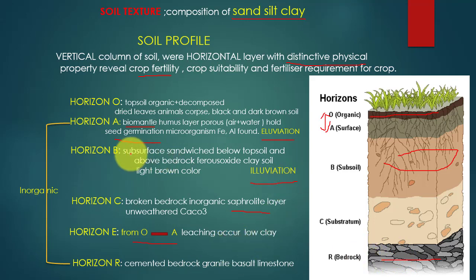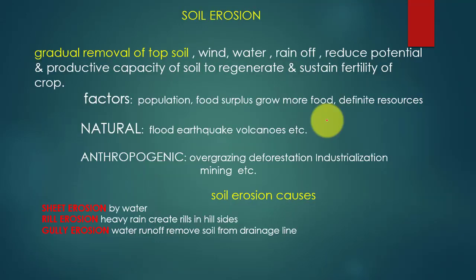From O to R, as you can see here, this is known as the inorganic layer, and from A above, it is the organic layer. Now this slide talks about soil erosion. What is soil erosion?